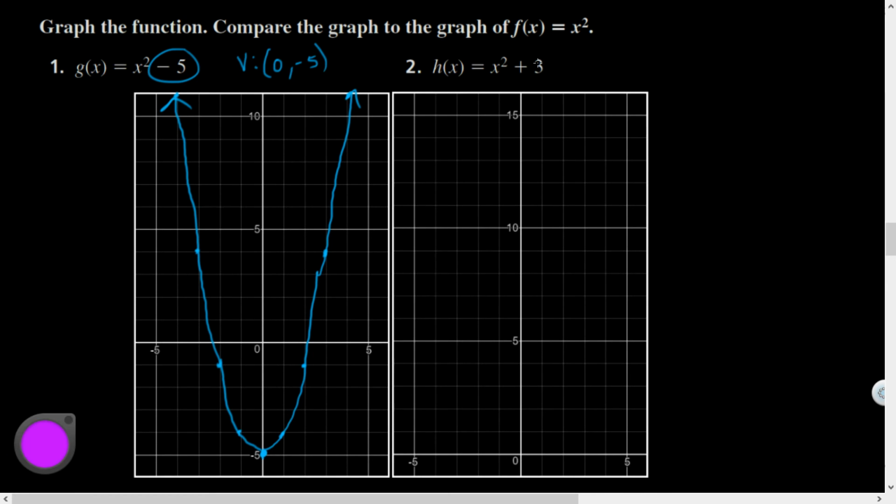All right, this one. What's the plus 3 going to do you think? Up 3? So my vertex is going to be the point 0, 3. Starting from that point, I'll move up 1 over 1, up 3 over 1, up 5 over 1. And then I mirror those.